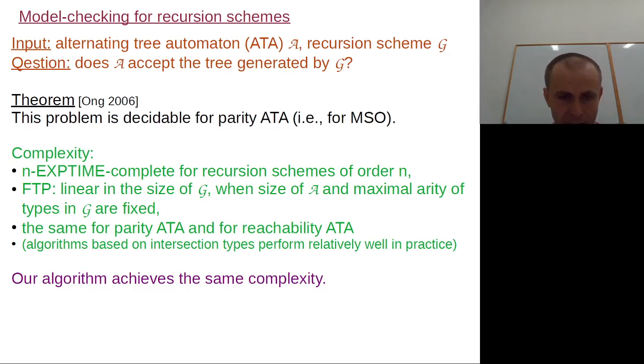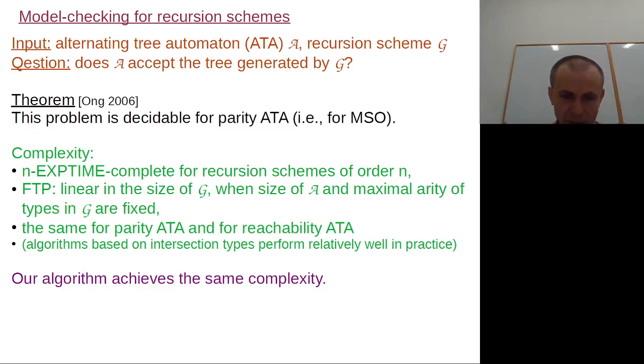But the size of the grammar, meaning the number of rules and non-terminals, is taken only linearly. These results are valid both for parity automata and for reachability automata. In particular, the hardness for n-fold exponential time is already for reachability accepting condition. Our algorithm achieves the same complexity.